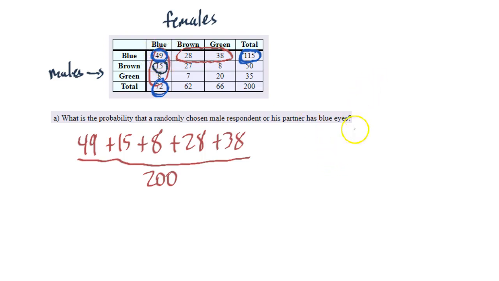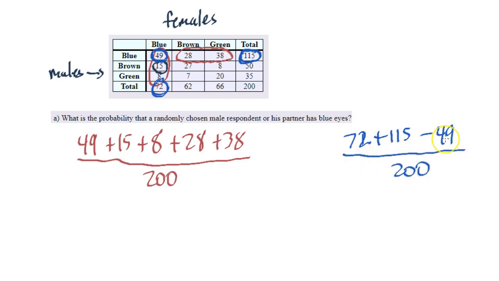So we have to subtract the 49. So we can take the 72 plus 115, and then subtract 49, because we're double counting it, and divide that again by 200, and we'll end up getting the same result. You'll get the same result either way, with either one of these processes.